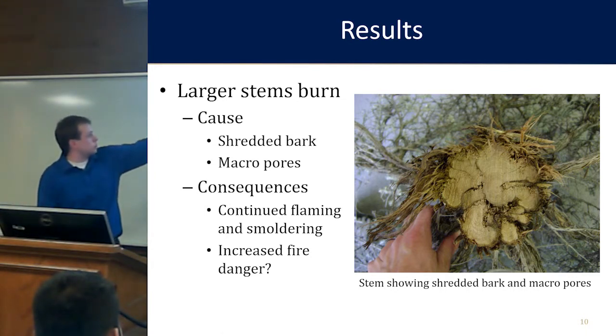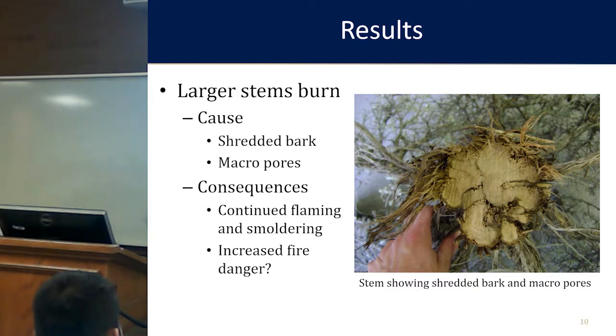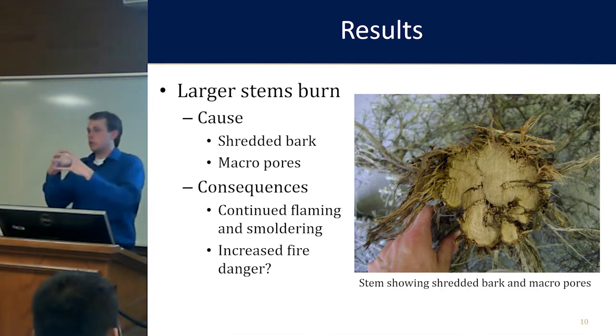The other thing, which is what was really surprising when we cut open a stem, this is a picture of when it was actually cut open. It's a cross section, and you can see that the big stem of a sagebrush is actually several little stems that have grown together.